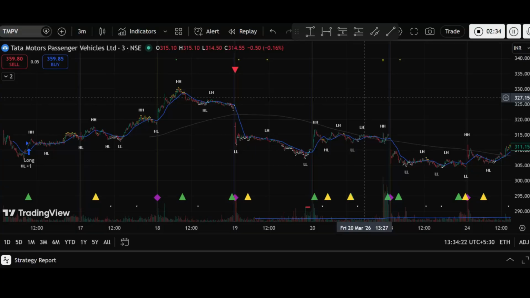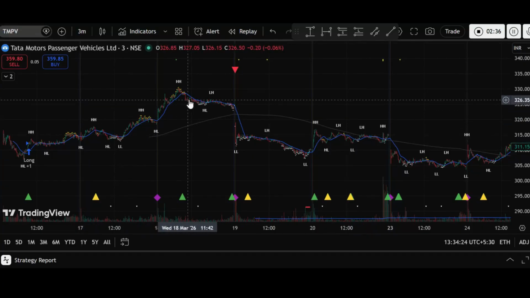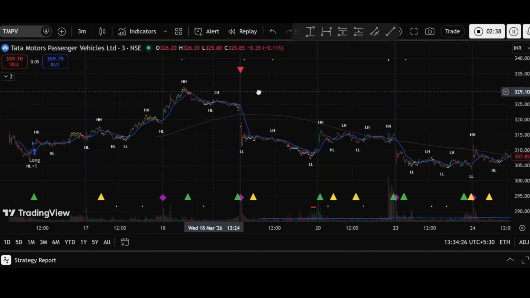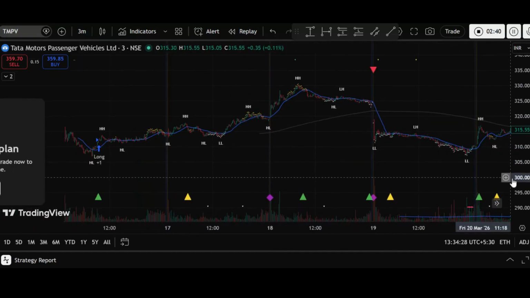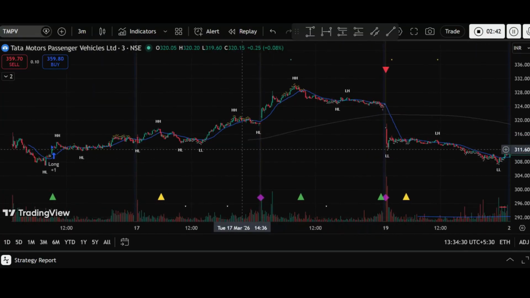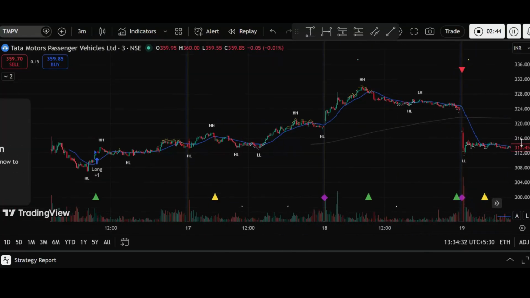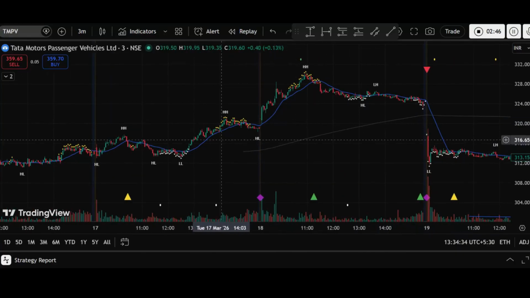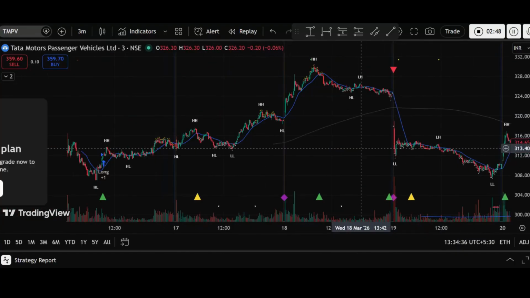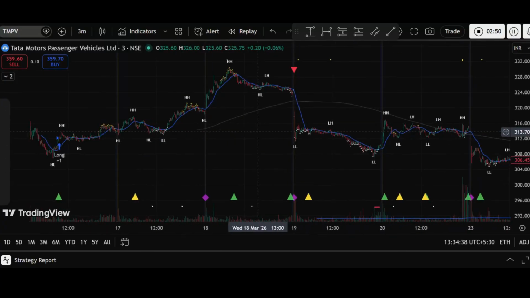Overbought when the price goes upwards. Okay, now here the price has gone upwards, but in a broken format, more or less. So we can't really call this an overbought zone, but it acts like one.